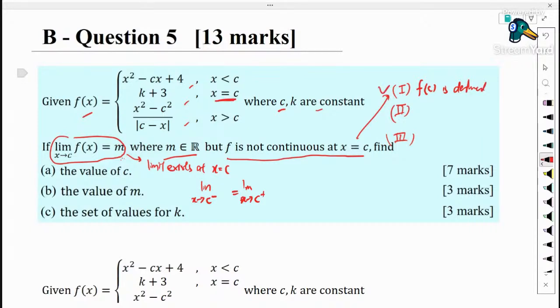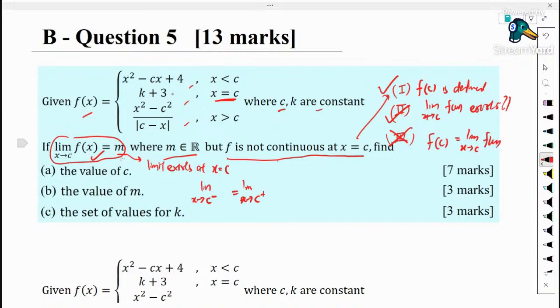So condition 1 is fulfilled. How about condition 2, the limit as x approaches c of f(x)? Does it exist or not? The answer is yes, because it equals a certain real number. So if the question still insists that f is not continuous at c, that means the third condition is not fulfilled, where the third condition is f(c) equals the limit as x approaches c of f(x).